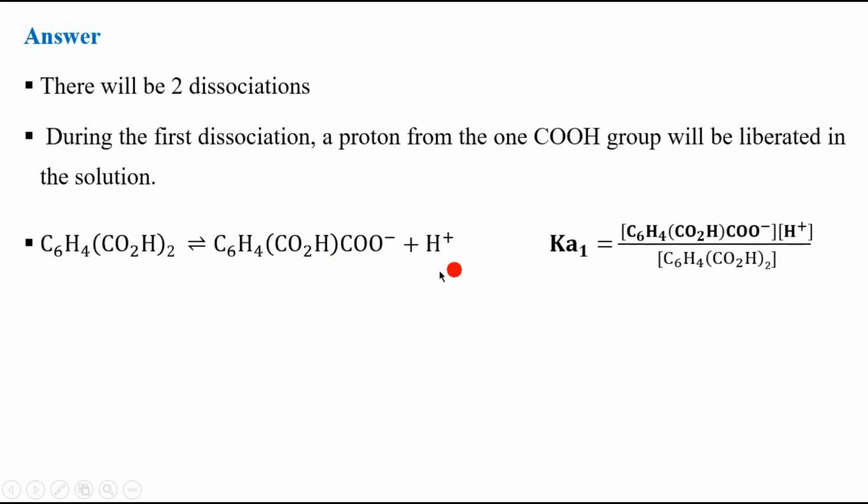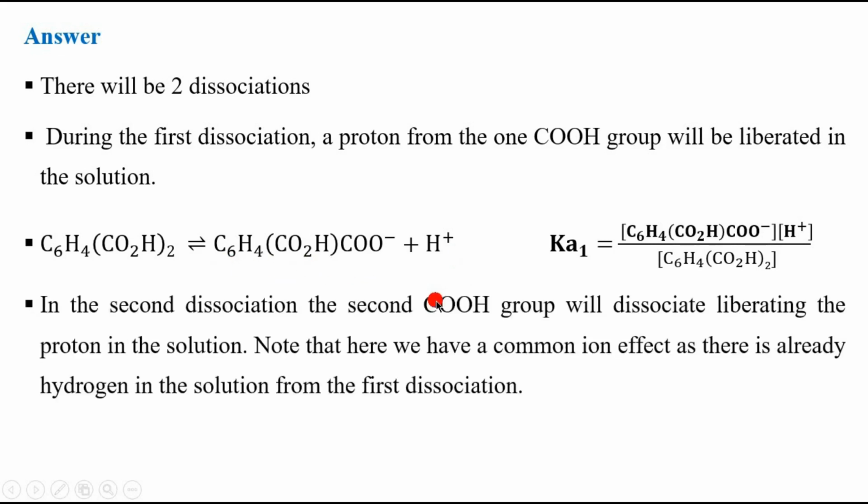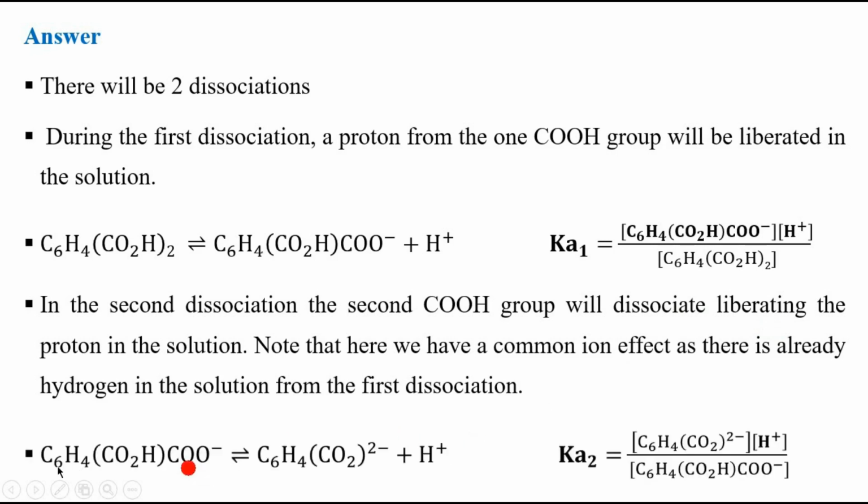Then we can calculate how much dissociated in the first dissociation. In the second dissociation, the second COOH group, the one that remained undissociated, will also dissociate, liberating a proton into the solution. So this is what will happen here: this one will also dissociate to give this one and this one.